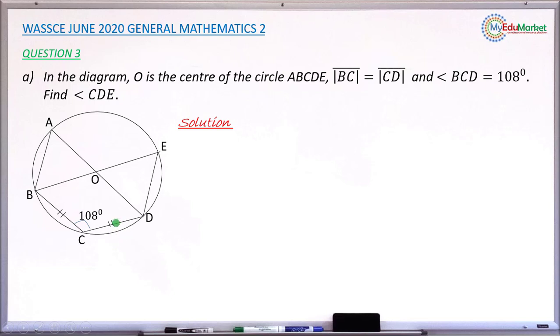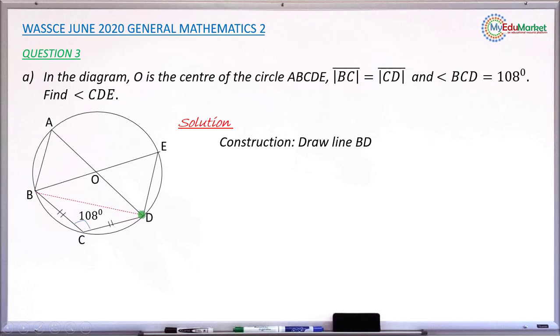So to find this angle, you think what theorem you are going to use. If there is no way, you have to add some other lines which are not a part of the drawing or the question. So we draw the line BD. Look at it, the line BD is now drawn.